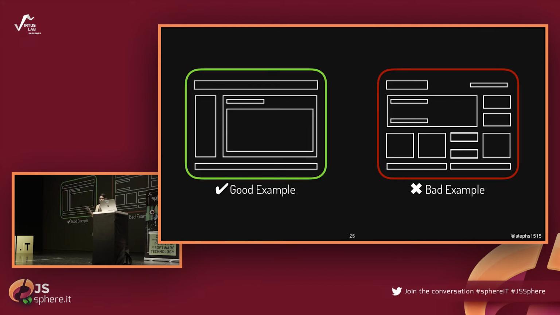I have two examples, one of them green with a good example, and a bad one. We already chose the right tags, and now we need to order them in a meaningful way. So we can have our header, then our main content, and then our footer, and then maybe a sidebar, very easy to read. And if we do it the other way, we just scatter things around and rearrange them with CSS, then our page doesn't have a natural flow, doesn't have an order, doesn't have orientation.